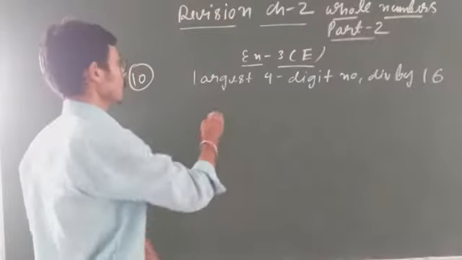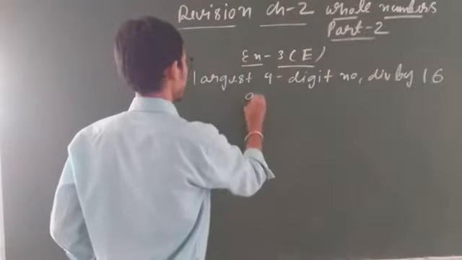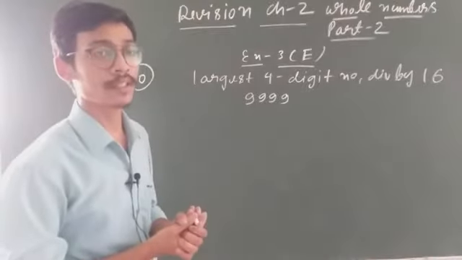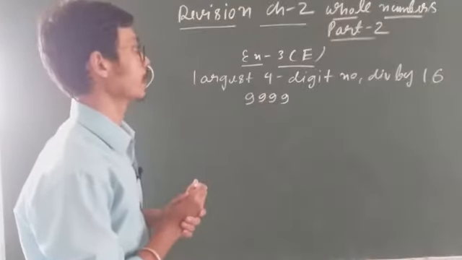First, you know that the largest 4-digit number is 9999. Clear, student? This is the largest 4-digit number.